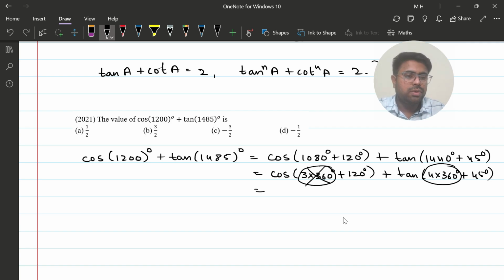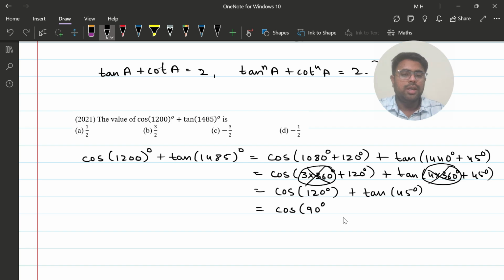We have completed 4 cycles, so I can ignore this. So I'll get cos of 120 as a fresh and tan of 45 as a fresh trigonometric ratio. So now what is cos of 120? I can write it as cos of 90 degree plus 30 degree, plus tan of 45 is of course 1.